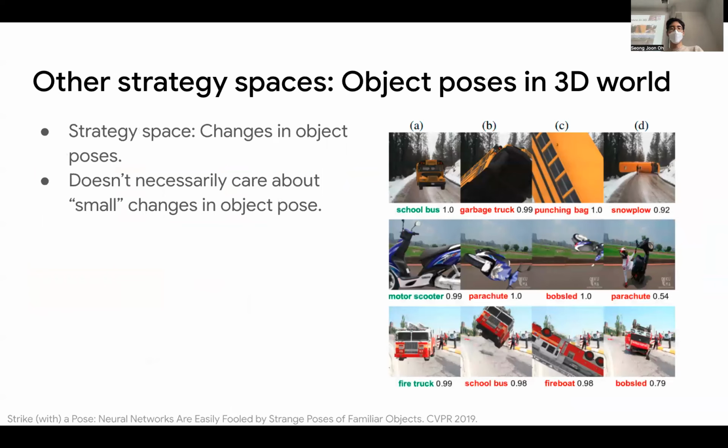And then there were also other strategy spaces people looked into, such as object poses in the 3D world. So an adversary comes in and tries to change the pose of some objects, just to make sure it's not recognized by some automatic systems. And that could be a real threat, right?